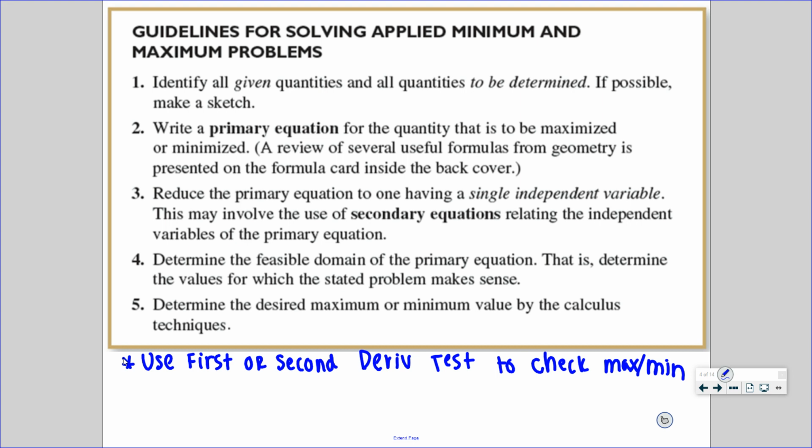We've looked at some examples like that. If it is a closed interval, we should technically use the candidates test, so you should check the endpoints too. That really does not come up a whole lot, but it's just something I need to be clear about.